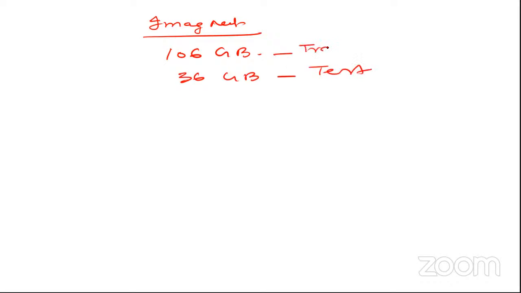In 106 GB, millions of images are there. As all of you have a computer science background, you know that during execution all the related data should be inside the primary memory.